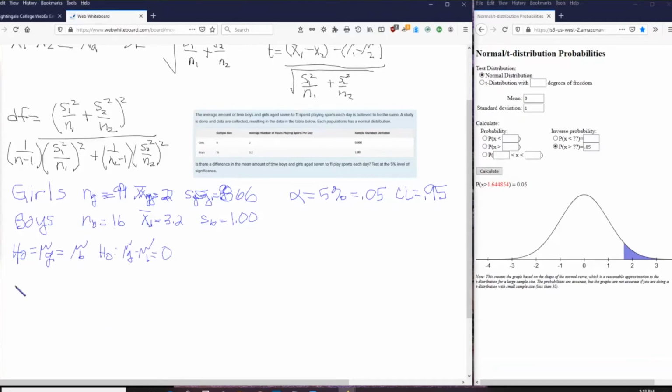And then our alternate hypothesis is going to say that the mean of the girls does not equal the mean of the boys, which is the same as saying that their difference does not equal 0. Now, because we're using equal, that tells me it's going to be a two-tailed test.